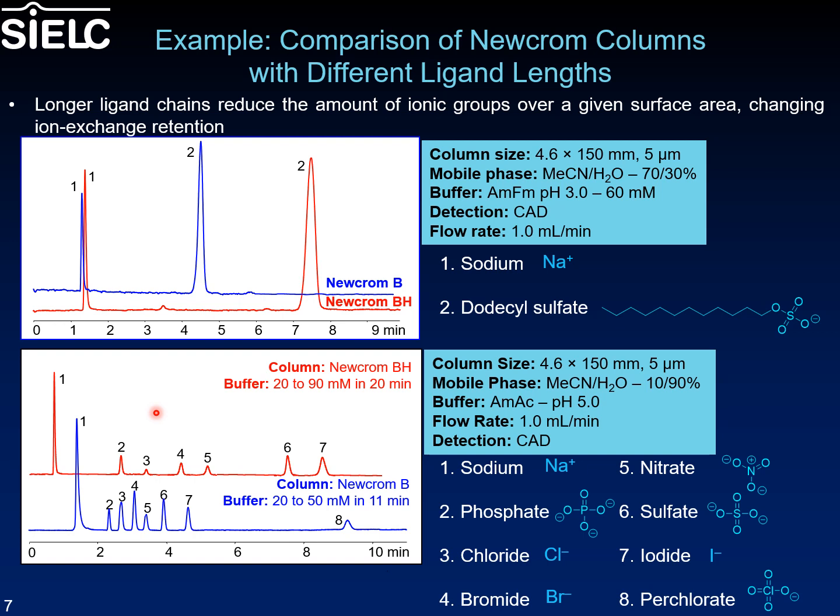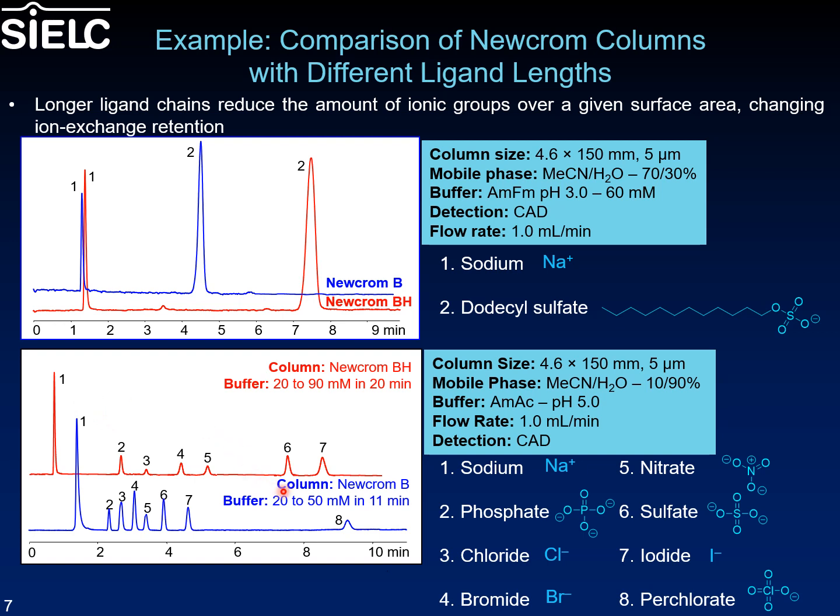Similarly, if we look at the example below, we're now separating a more complicated mixture of cationic, anionic, and polyanionic ions. With the Newcrom BH column, we are able to separate out and elute compounds at lower retention times.